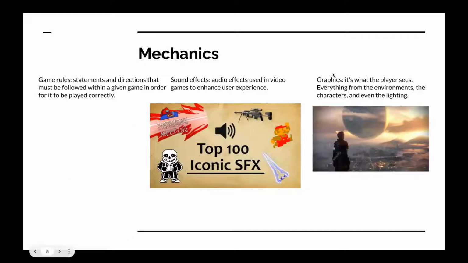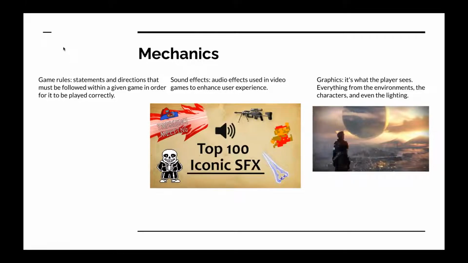Next, we have mechanics, such as game rules, which are basically statements and directions that must be followed within a given game in order for it to be played correctly. Now, usually these are not very concrete compared to sports rules, but those games do have rules.